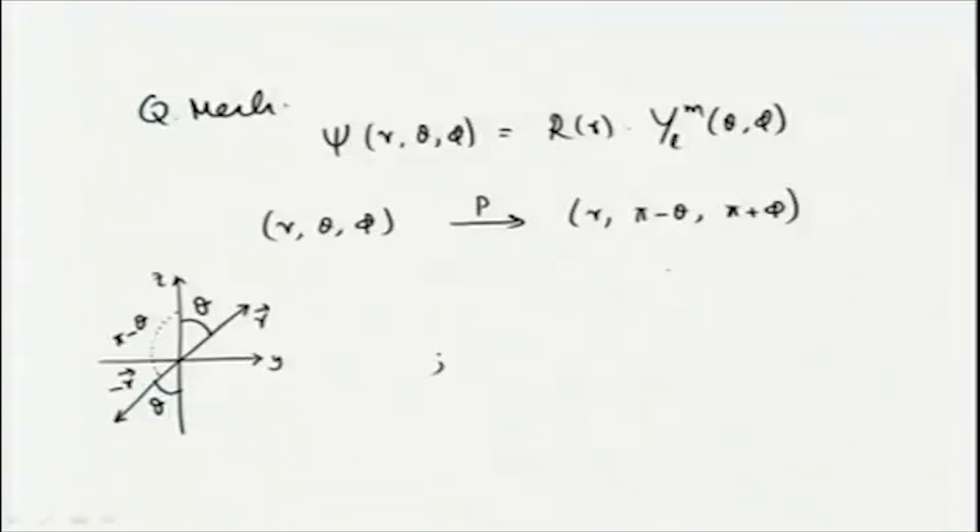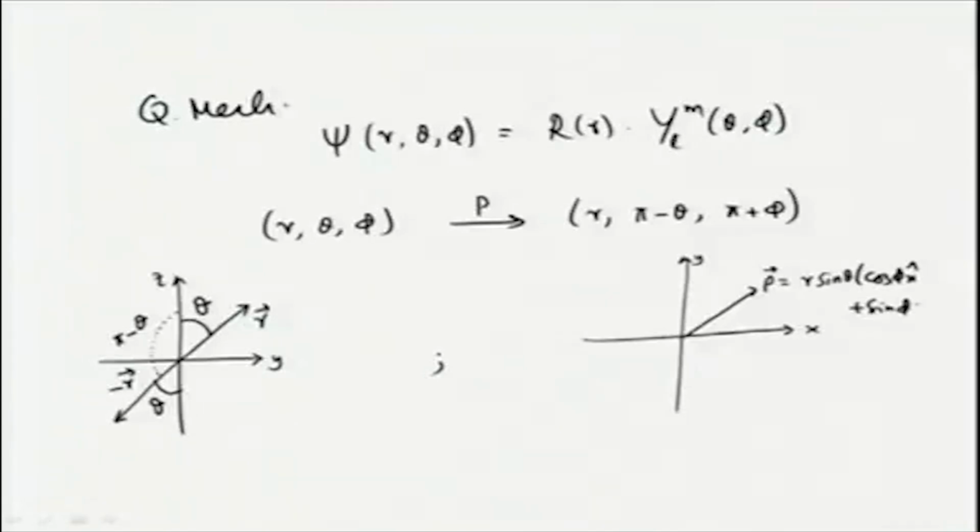For the case of the azimuthal angle, let us go to the x y plane. In the x y plane, the projection of the position vector, let me call that rho, is equal to r sin theta (cos phi x plus sin phi y), as you know.